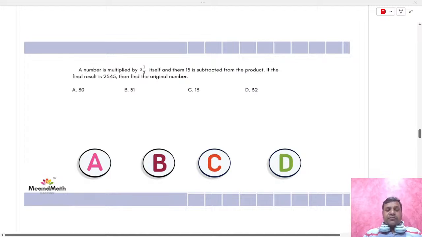After the subtraction, what is the answer? 2545. Find the original number. एक तरीका तो ये कि ऑप्शंस रख के देख लो सारे, but this is going to be very lengthy. Yes or no? Yes, this is going to be very lengthy. So we are not going to check by the options here.